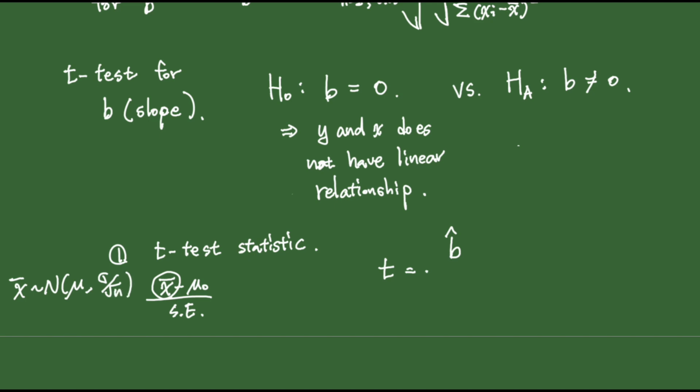Now we want to put b hat here because b hat follows the normal distribution whose mean is actually our true slope. Okay, so that's why we want to put a b hat in here. And what is mu 0 here? We want to test whether it is 0 or not, so we want to put 0 in this place.